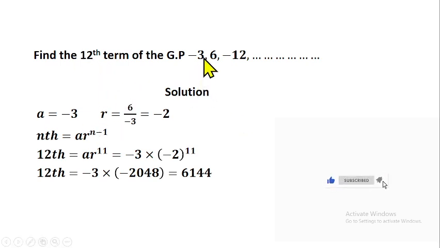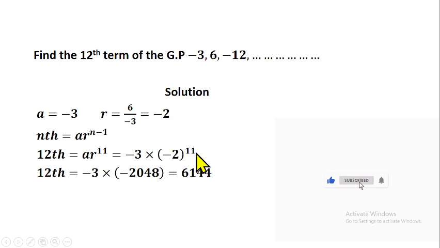So our A is, what's our first term? Minus 3. And our constant ratio will be this divided by this. That will give us 6 divided by minus 3, which gives us minus 2. So we are looking for the 12th term, which is AR raised to power 12 minus 1, which is AR raised to power 11, equals A, which is minus 3, times our R, which is minus 2. Put that in brackets so that it will not contradict the multiplication, then raised to power 11.